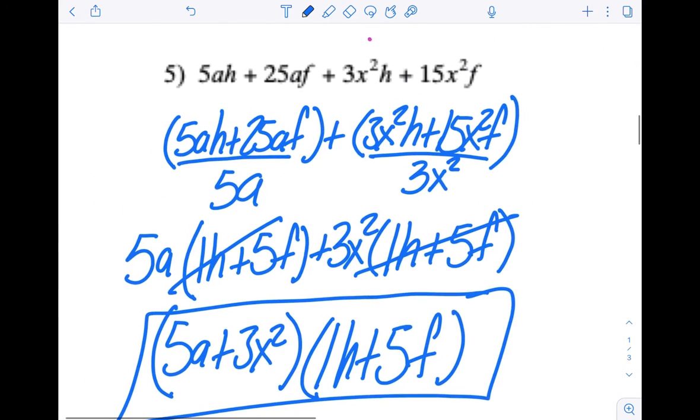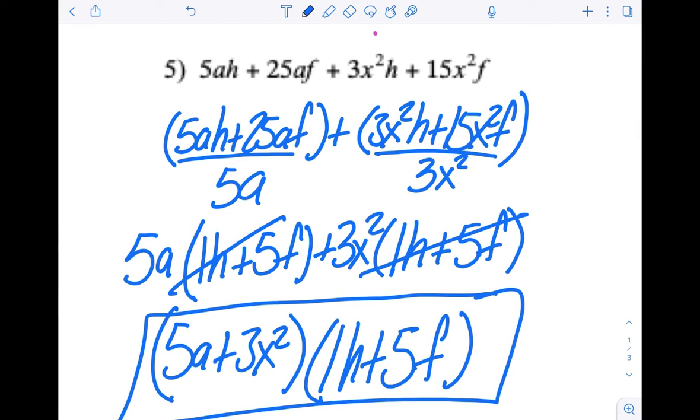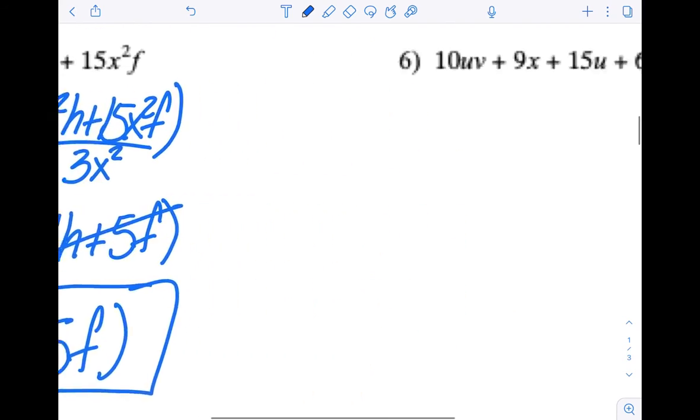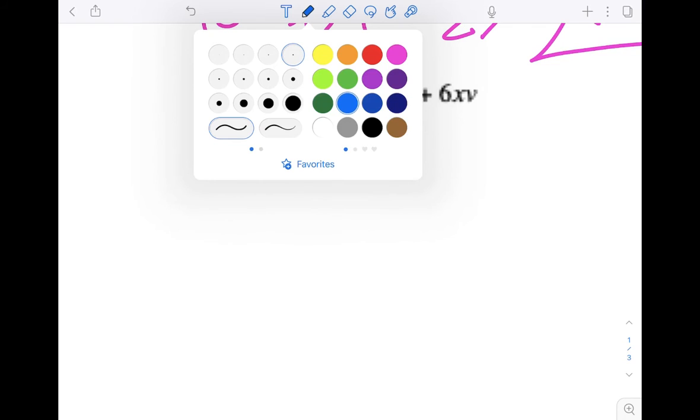Look at that. There you have it. Good job. Make sure you're writing everything down. This is factoring by grouping. One more, kiddos. Let's do this. Let's knock this out.